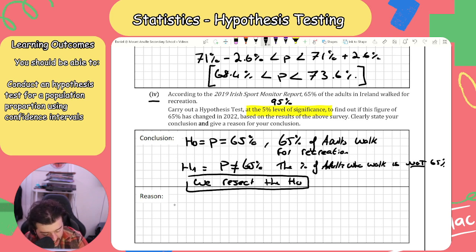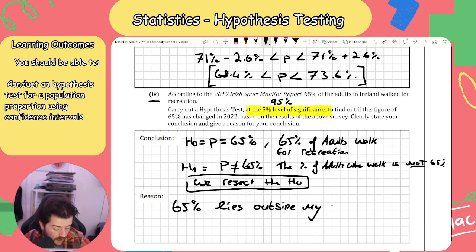So the reason is 65% lies outside my confidence interval.